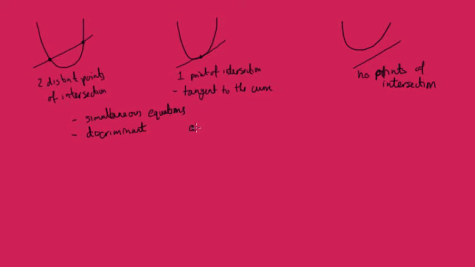So remember, ax squared plus bx plus c equals 0, and from the quadratic formula, we've got b squared minus 4ac. This is the discriminant.